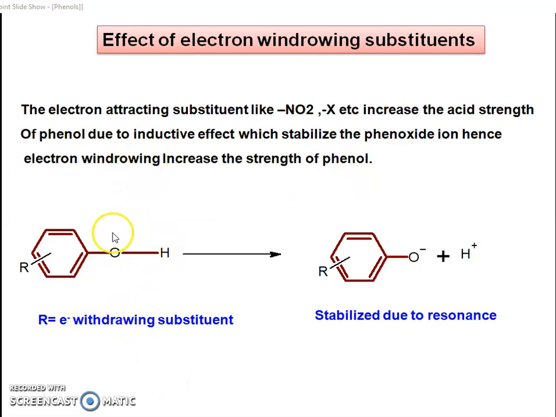R is an electron withdrawing substituent, and after removal of the proton to get the phenoxide ion, this phenoxide ion is stabilized by the electron withdrawing substituents. Therefore electron withdrawing substituents attract electrons, and the resonance effect is more pronounced for electron withdrawing groups, which stabilizes this negatively charged phenoxide ion.